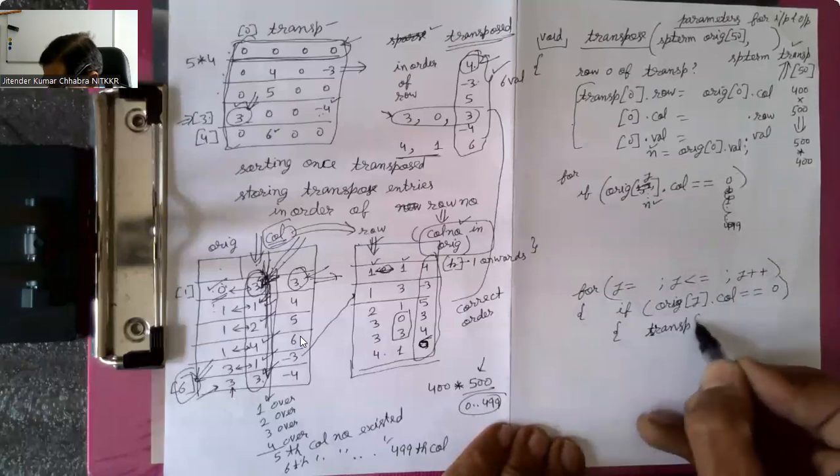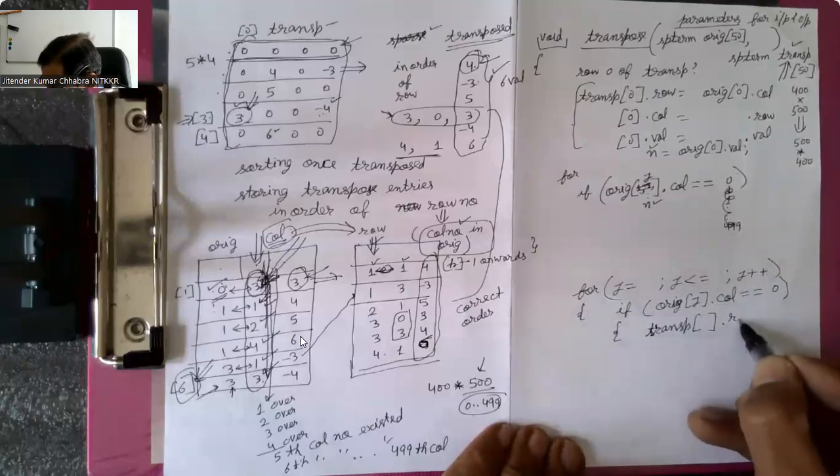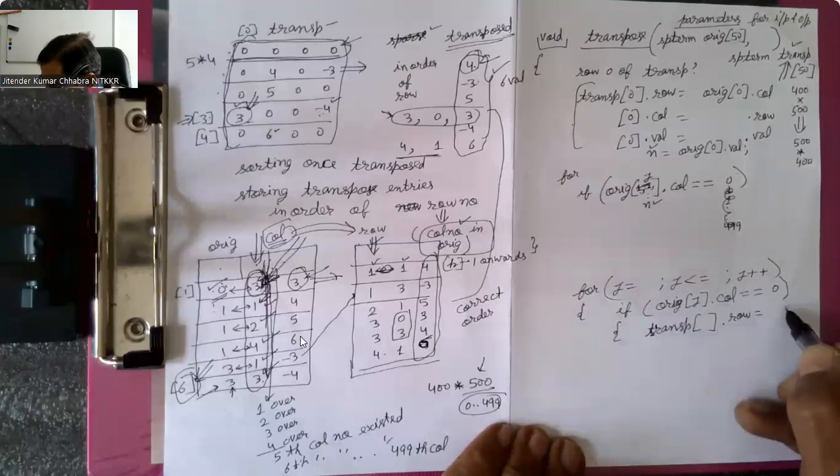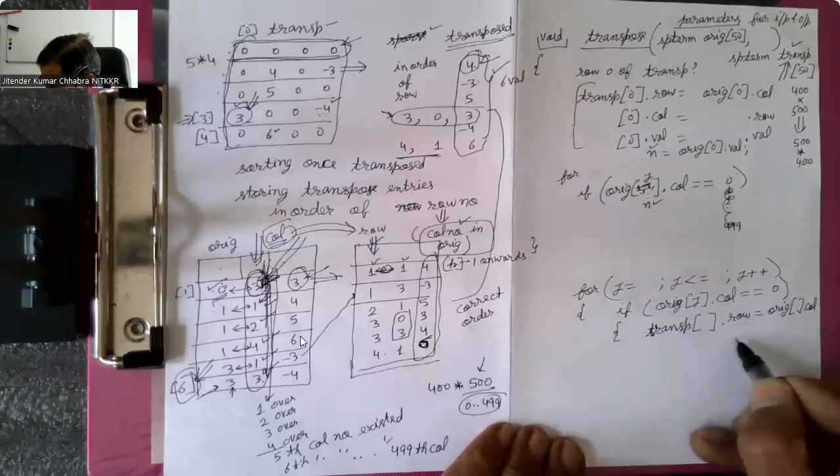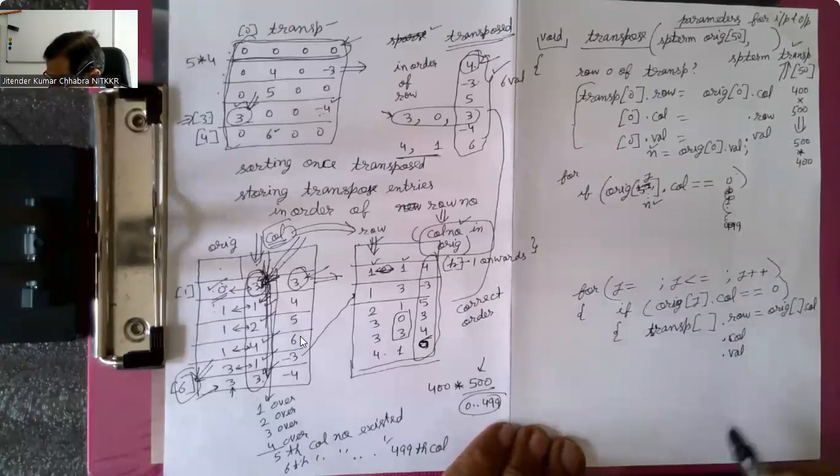So I will say in transpose somewhere dot row will be stored equal to original matrix column. Similarly, dot column to be stored, similarly dot value to be stored.